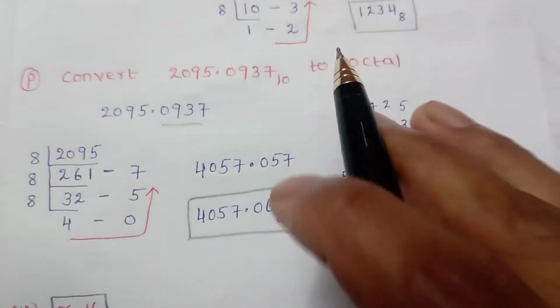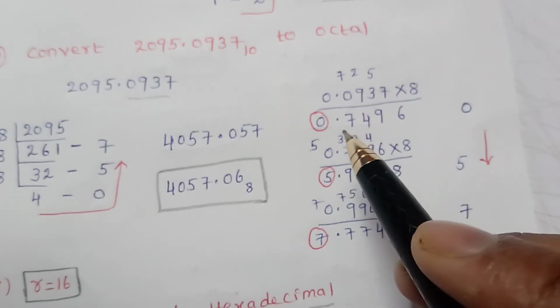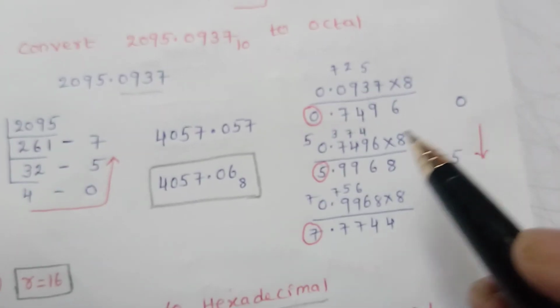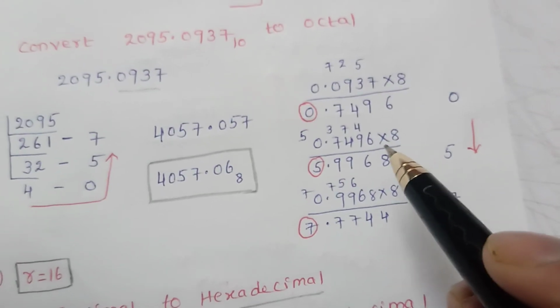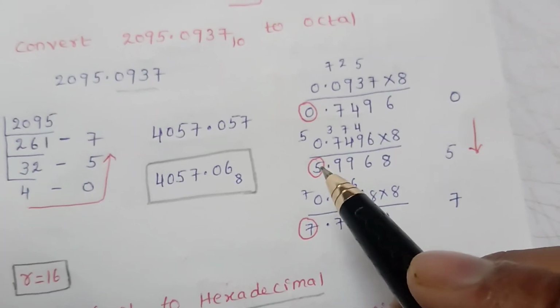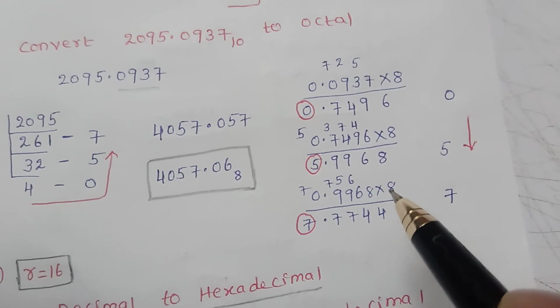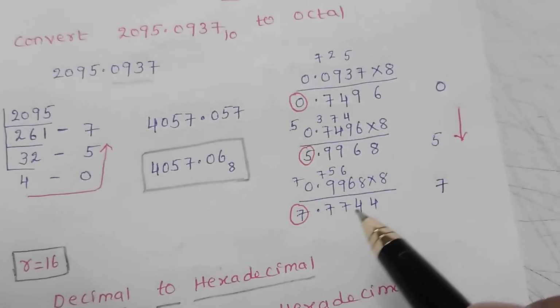Now come back to the fractional part. 0.0937 into 8 becomes 0.7496. Take this integer outside, then 0.7496 into 8 becomes 5.9968. Take this 5 outside, then 0.9968 into 8 becomes 7.9744.